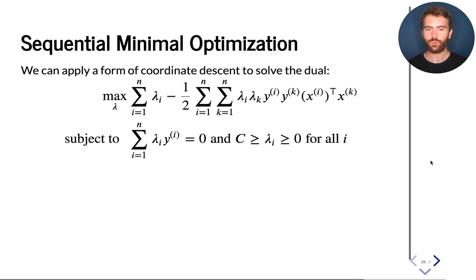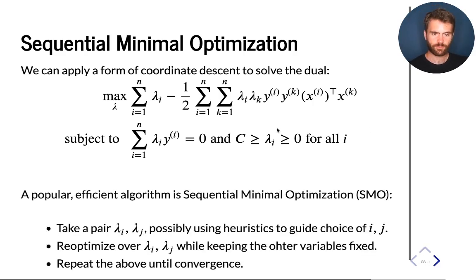In practice, the dual problem that we have seen earlier, the dual of the SVM problem, is solved using a technique that is closely related to coordinate descent called sequential minimal optimization, or SMO. So here we have our dual, and we solve this dual by the following procedure.